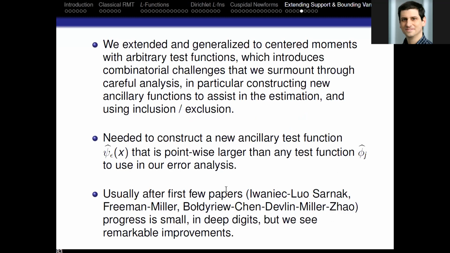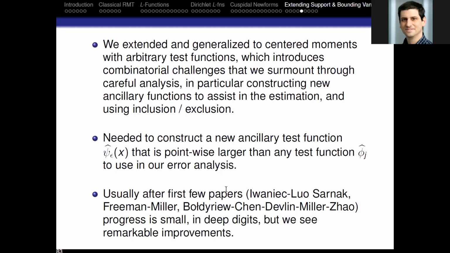And so what we've done is we've extended and generalized to these centered moments, which is essentially the same as the n-level densities. And what we want to do now is have the maximum freedom. So the more different choices of test functions we have, the better results we can get. The original paper that I did with Chris Hughes, we assumed all the test functions were the same.